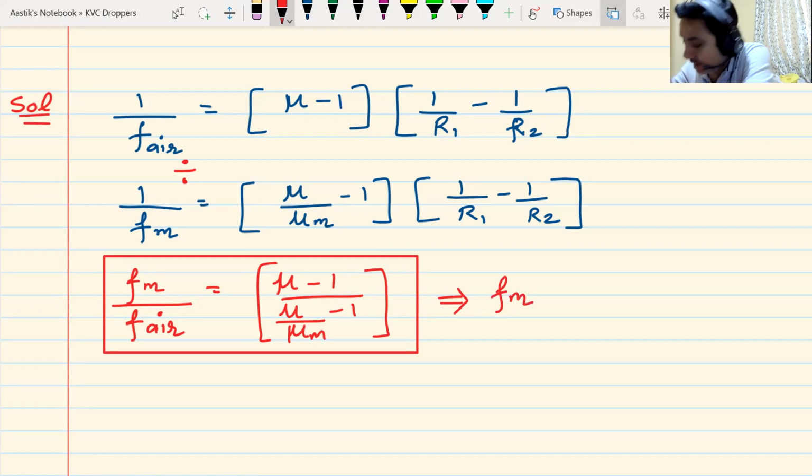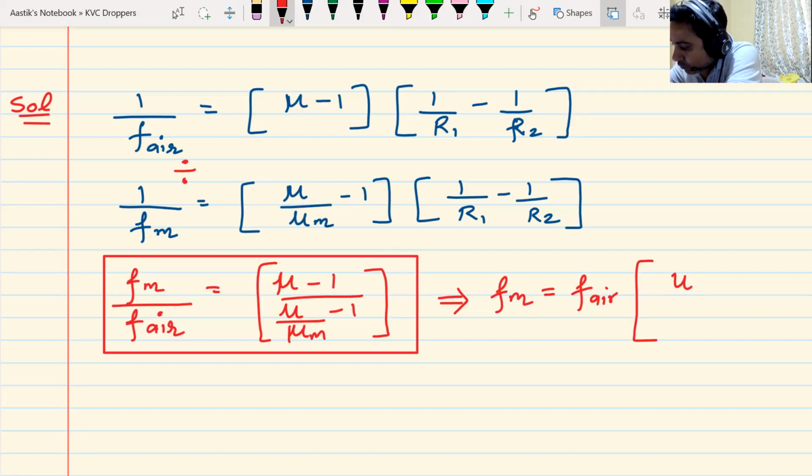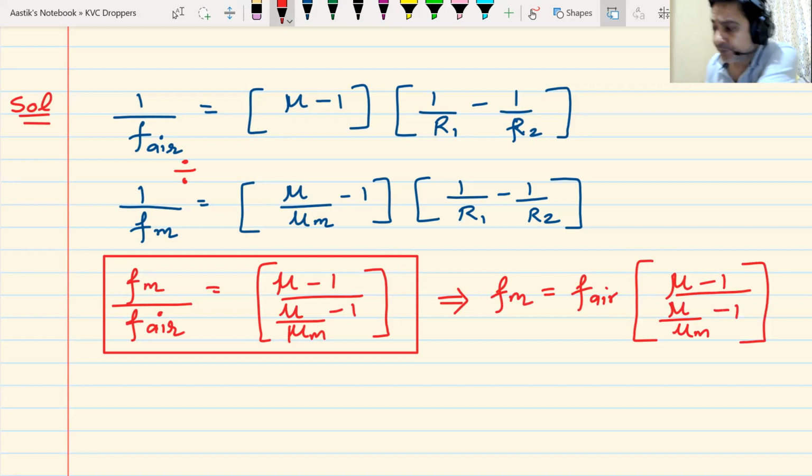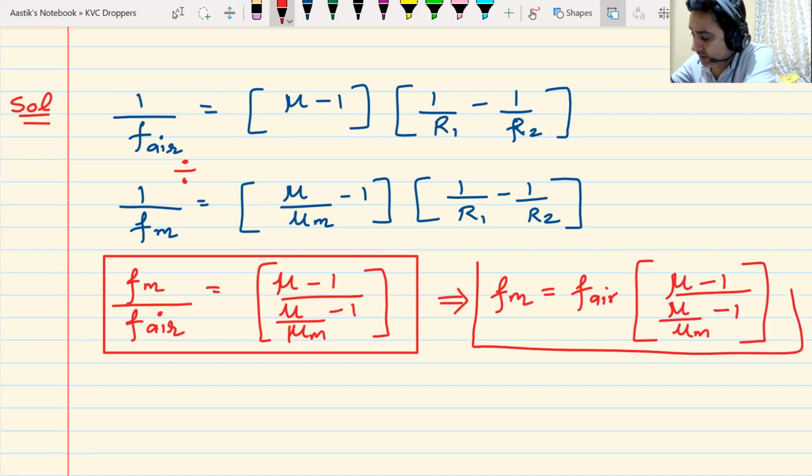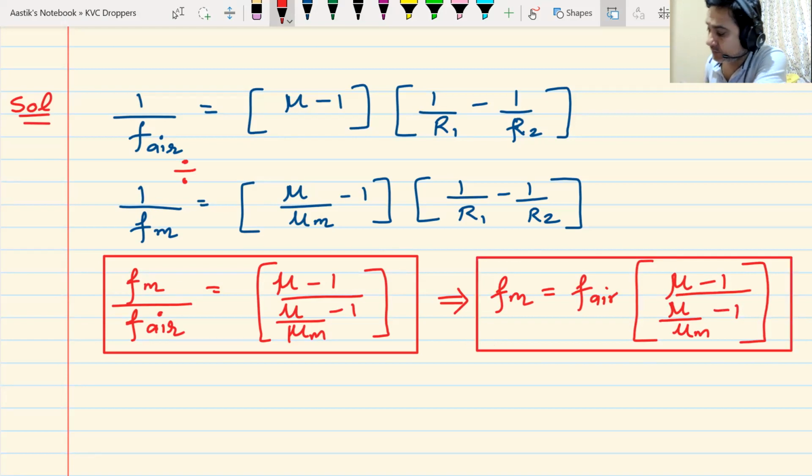Focal length in the medium will be equal to focal length in air multiplied by mu minus 1 in the numerator divided by mu m minus 1 in the denominator. Can I have some raised hand that we understand this from everyone in the class?